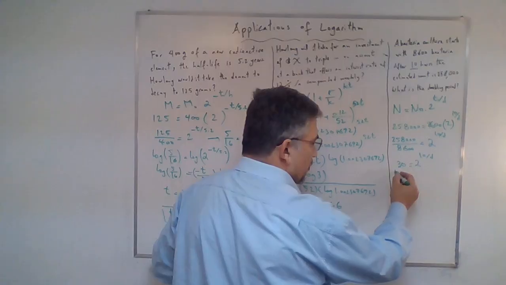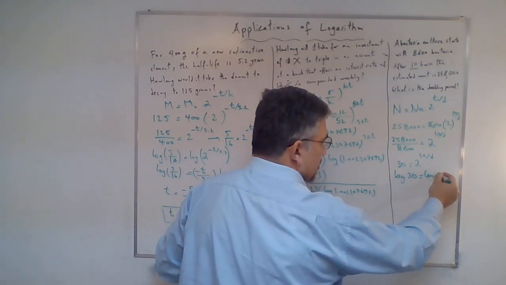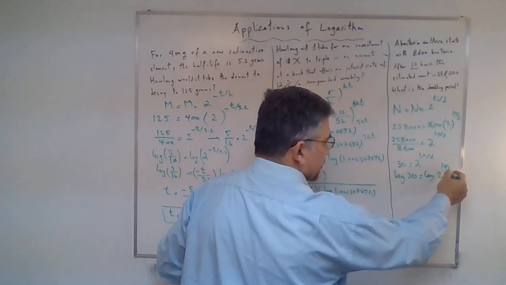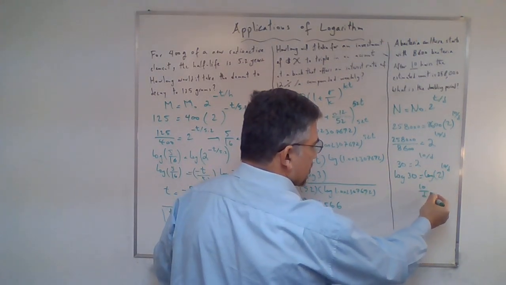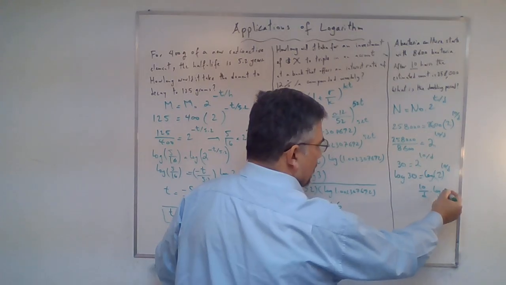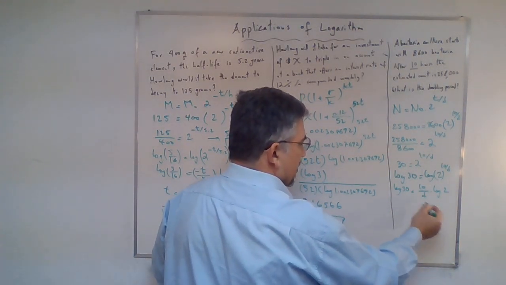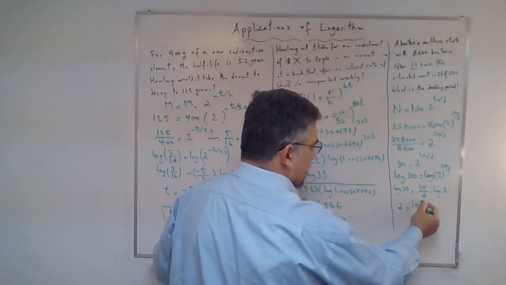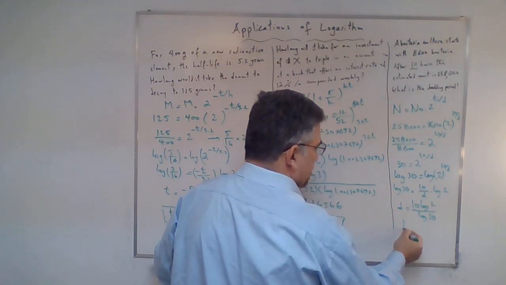So we take the log of both sides, normally common logarithm, though you can take a log to any base you like. Then we have 10 over d times log of 2 equals log of 30. And from there, d would be 10 log of 2 divided by log of 30.